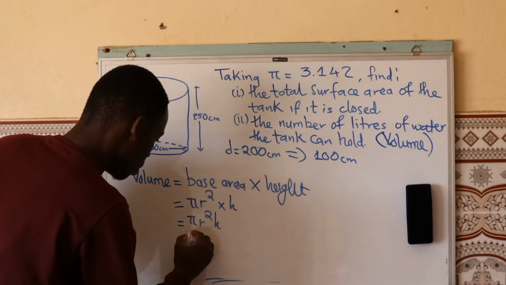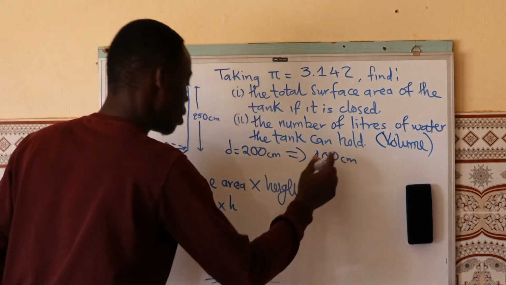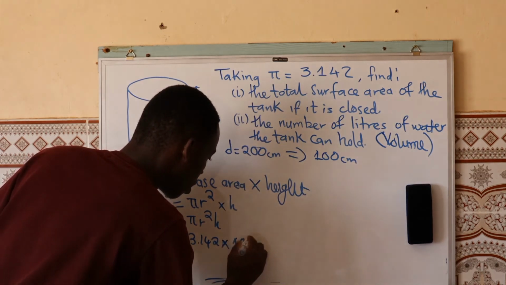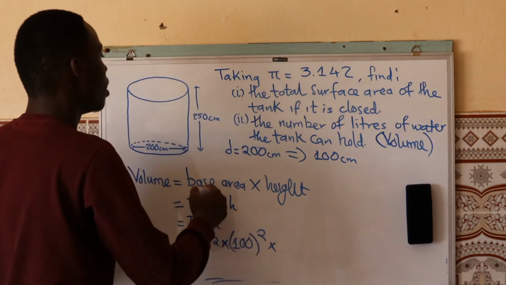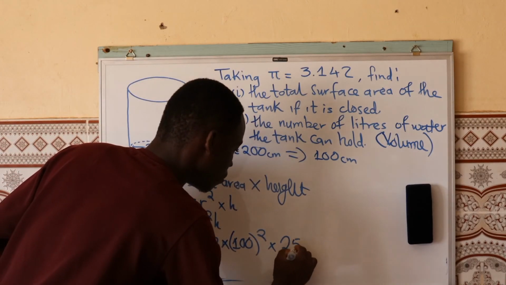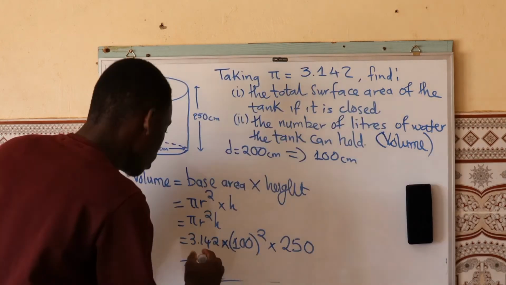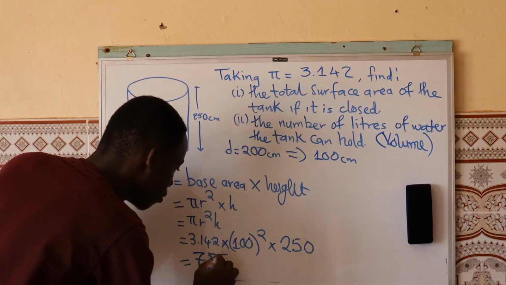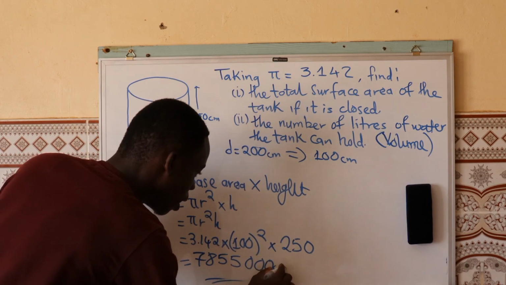Our pi is 3.142 times our radius, 100 centimeters squared. Always don't forget the square. Times the height, which is 250. Having done your calculations, our answer is 7,855,000 centimeter cubed.